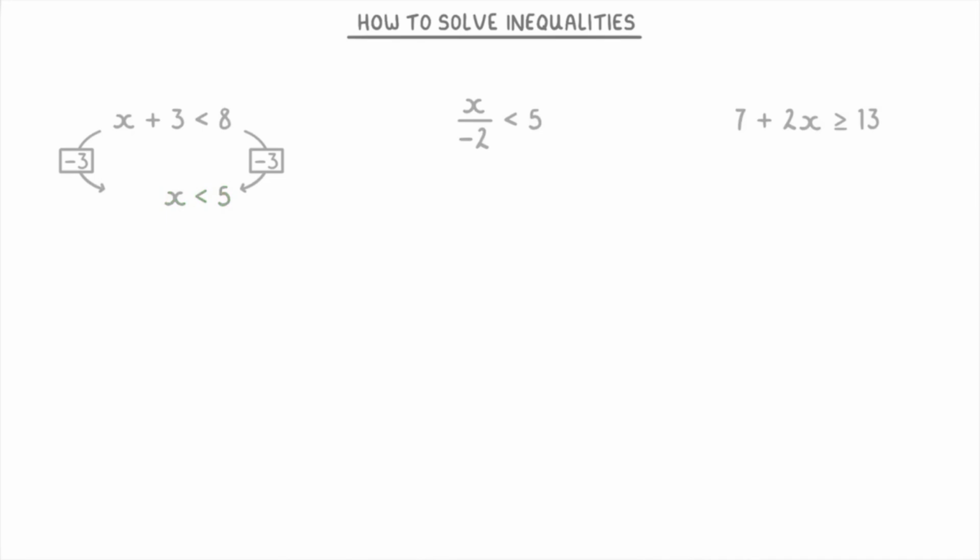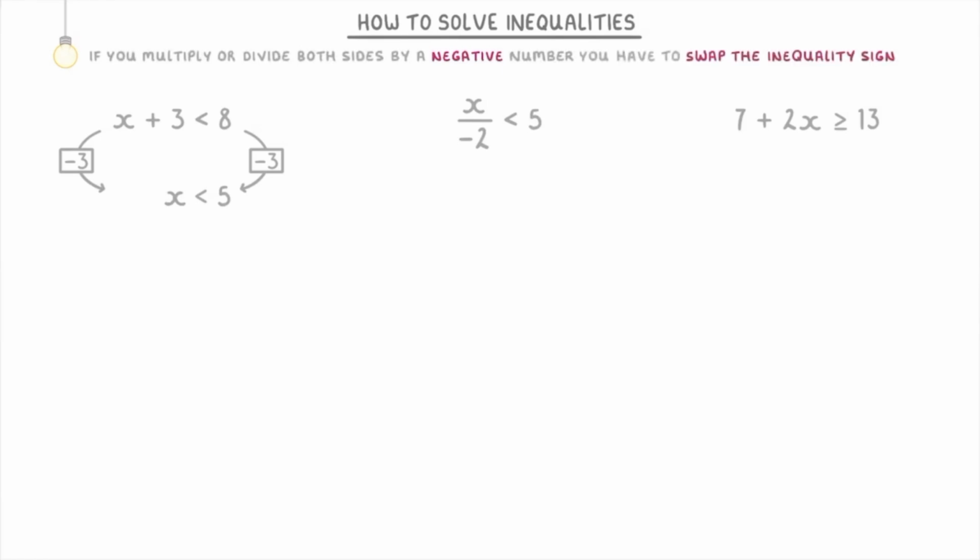So essentially we treat the inequality sign as if it's an equal sign, but we don't actually change it to an equal sign. The only important difference you need to know about is that if you multiply or divide both sides by a negative number, then you have to swap the inequality sign around. For example, in the second inequality, to get rid of the divide by -2 part, we need to multiply both sides by -2, which will leave us with just the x on the left and -10 on the right.